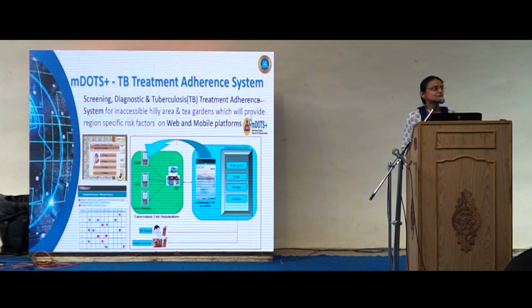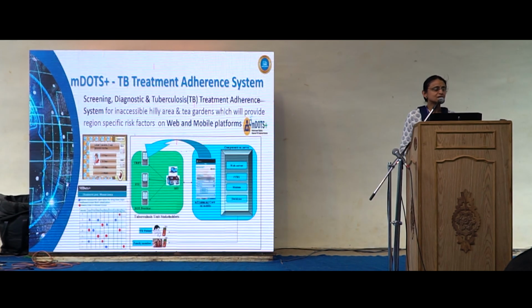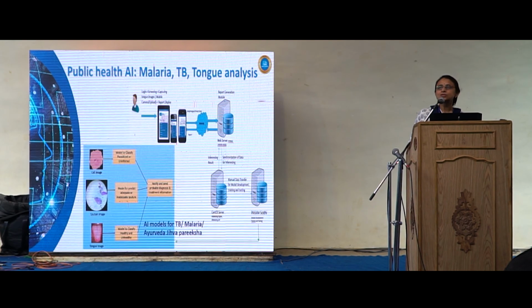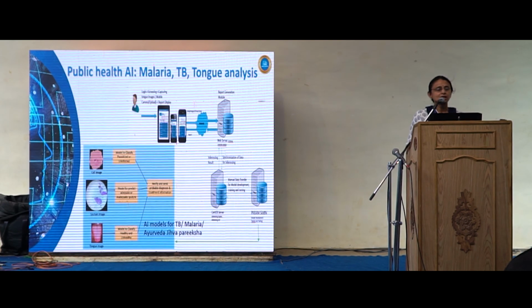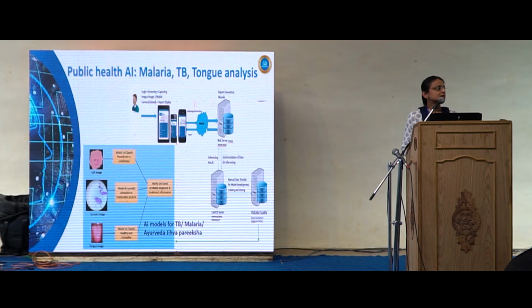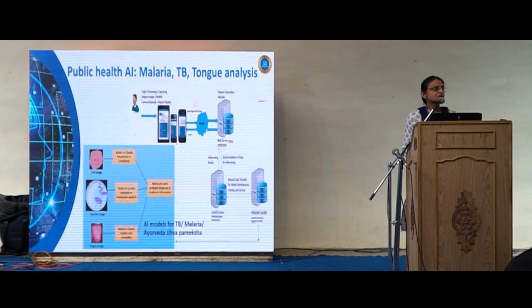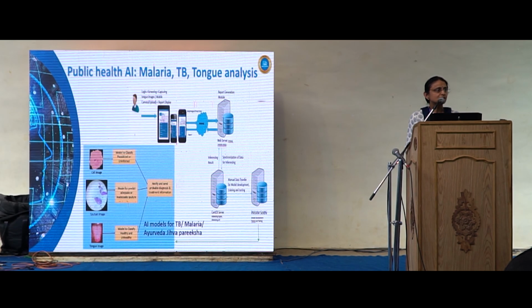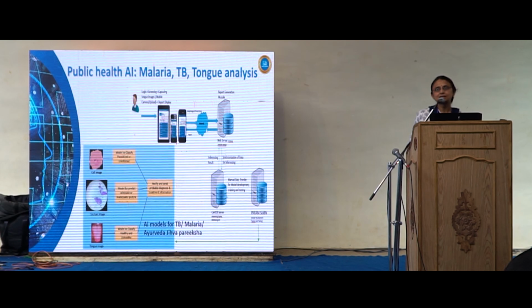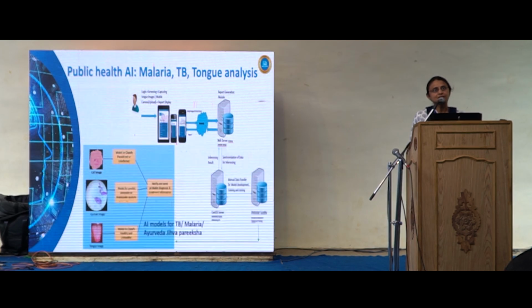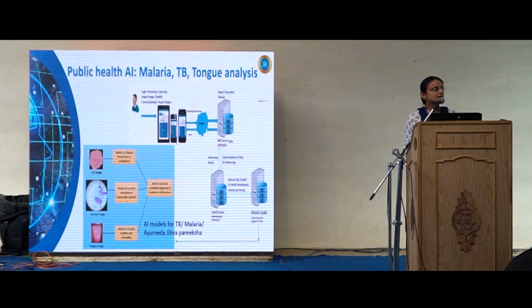MDOTS Plus is a system for tuberculosis treatment adherence. Then we also have solutions for malaria, TB and tongue analysis, which means the images that are taken, the blood slides that are collected, the sputum slides that are collected: are we able to quickly analyze these? Because one very big challenge is that the analysis itself takes a very long time.